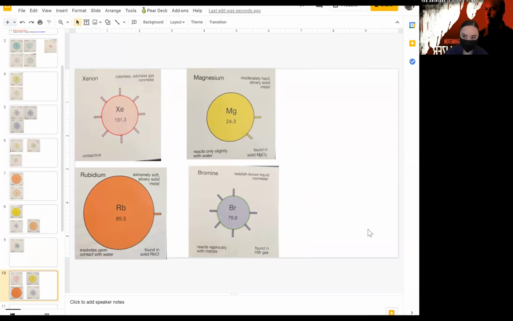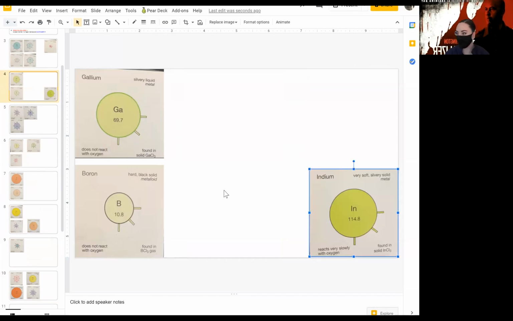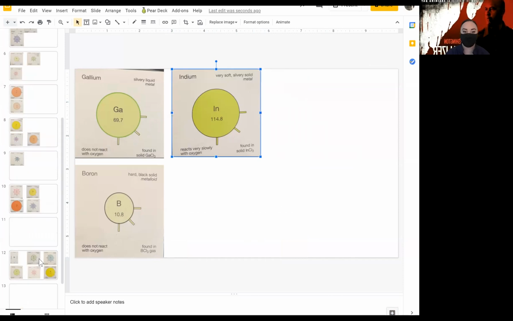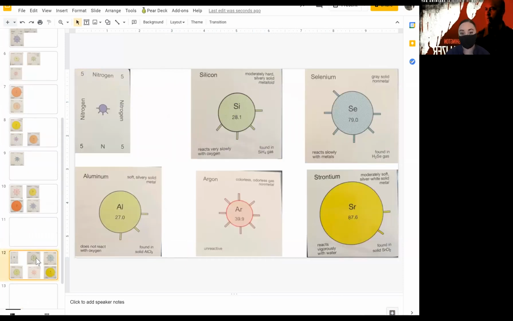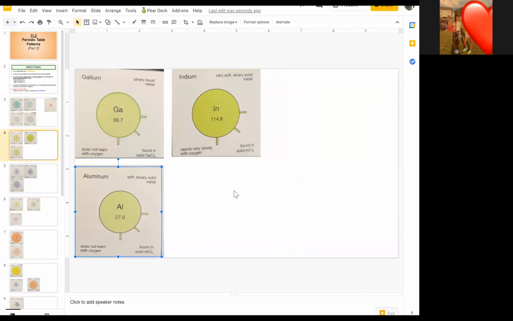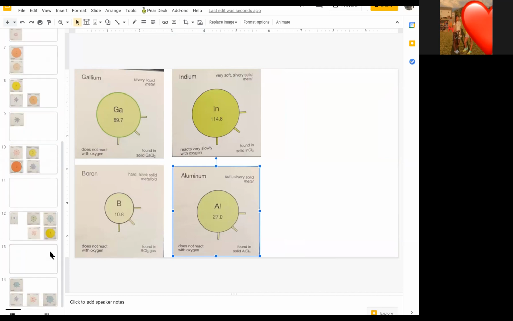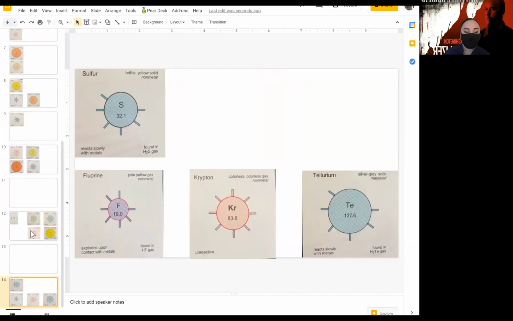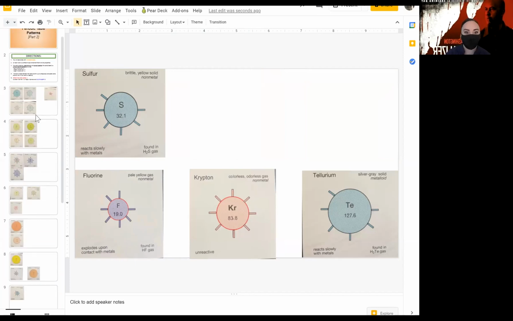Indium, good. All right, any on this slide? Aluminum. Okay, that's it. So that's actually how we would sort all of our cards here, okay?